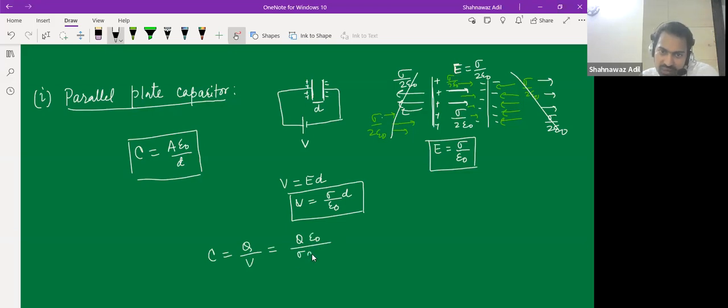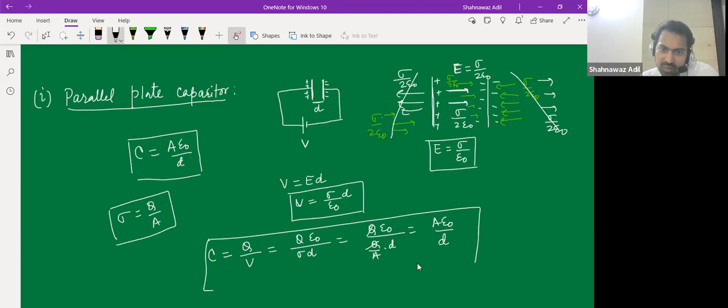Sigma is the surface charge density, Q by A. So Q cancels, and as Tarif was saying, this is the capacitance of a parallel plate capacitor, epsilon naught A by d. This is how we calculate the capacitance of a parallel plate capacitor, right, guys?